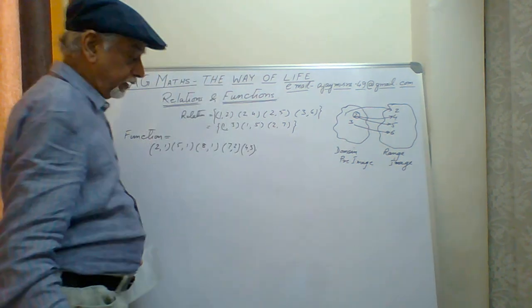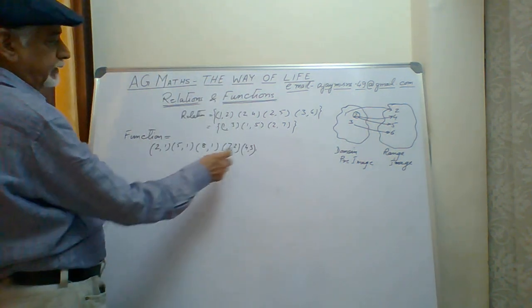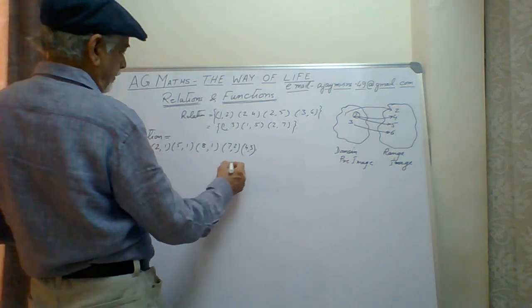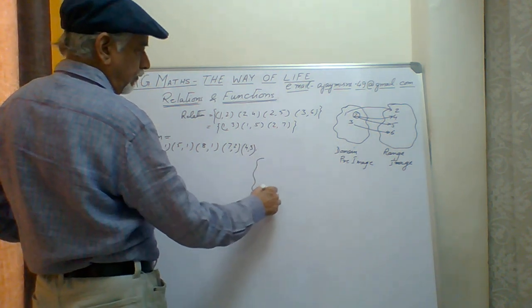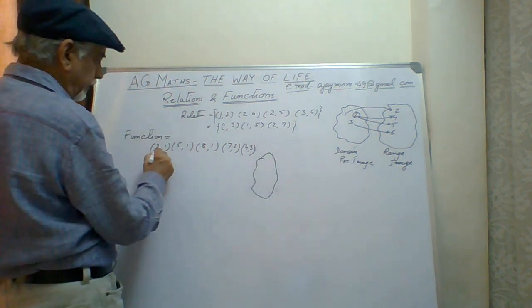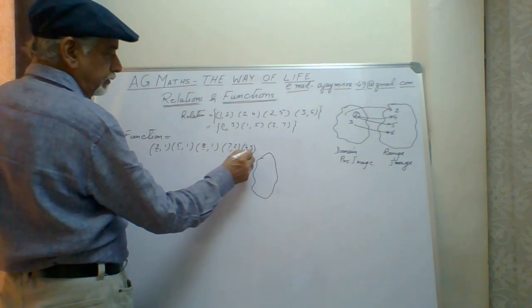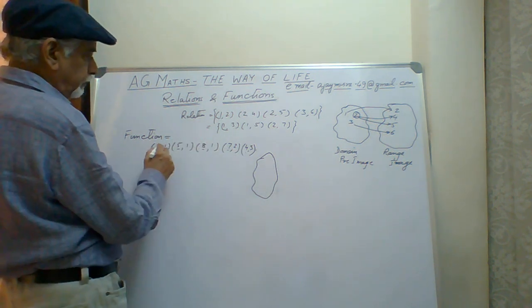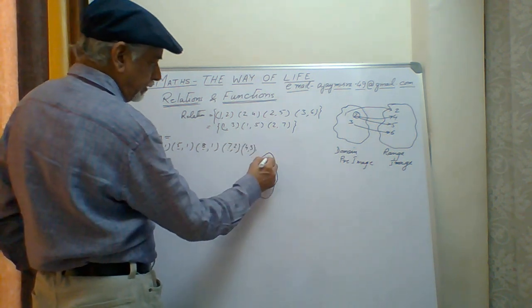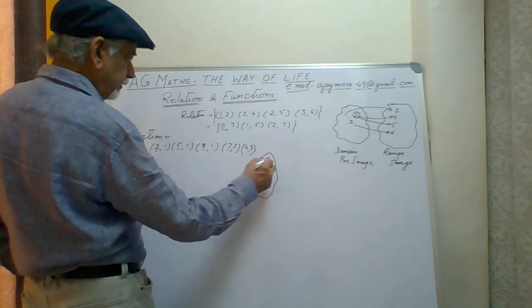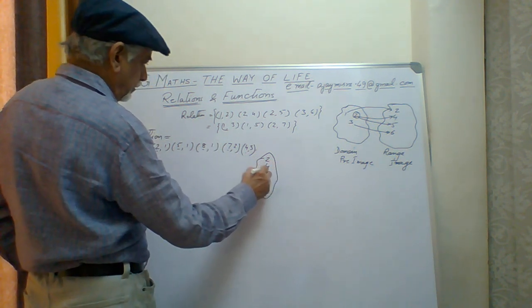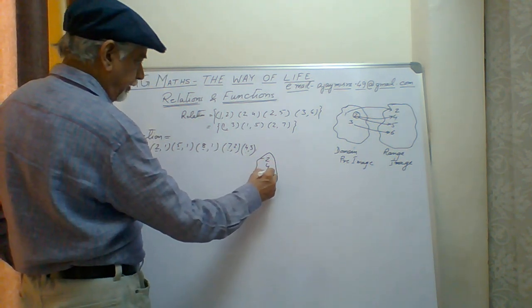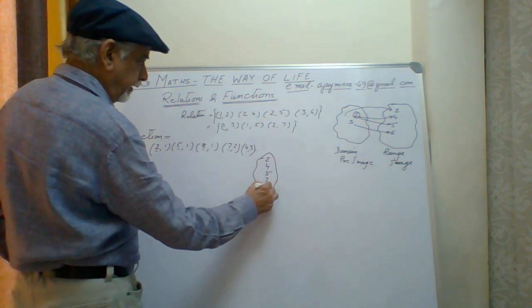Now this is one example for a function. What is the source? We have again the Cartesian set 2, 5, 8, 7, 4. Writing in ascending order: 2, 4, 5, 7, 8.